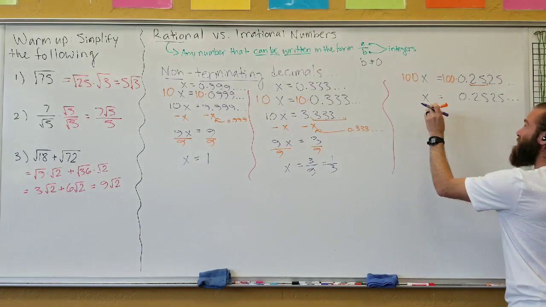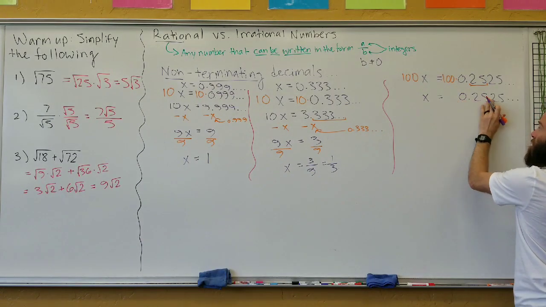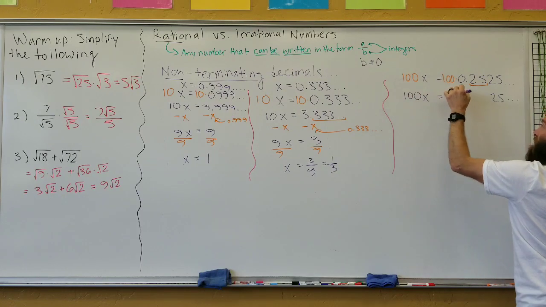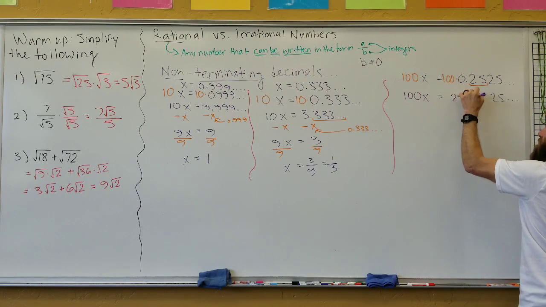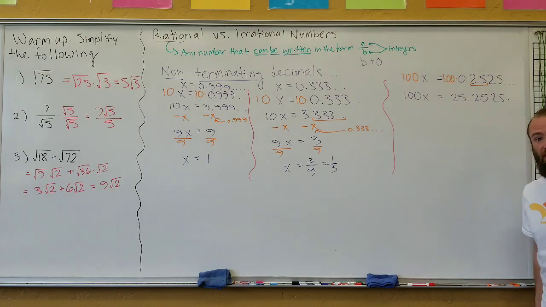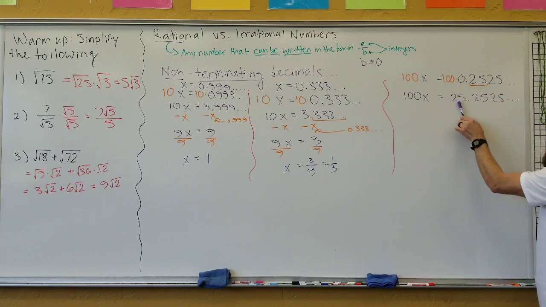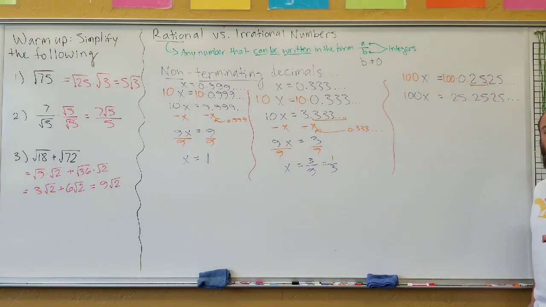So what I have here is, actually this was wrong. What I have here is 100x equals 25.2525 repeating forever. So again, that 100 moved the decimal place to there, so it becomes 25 point whatever.